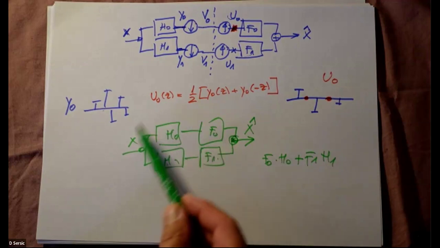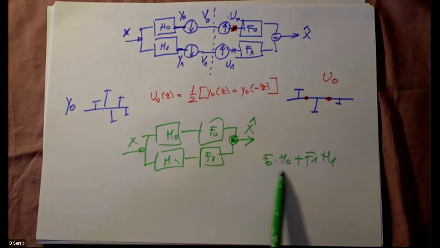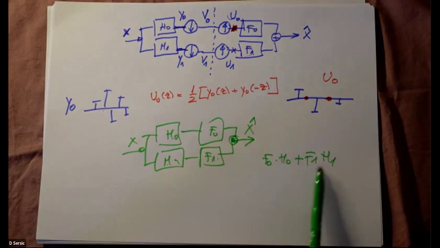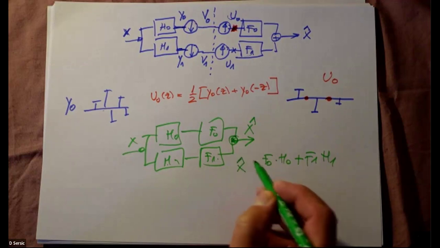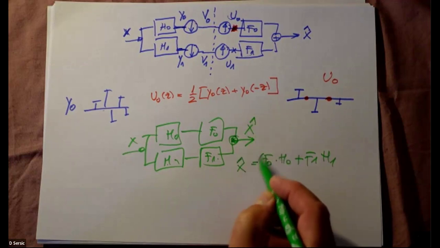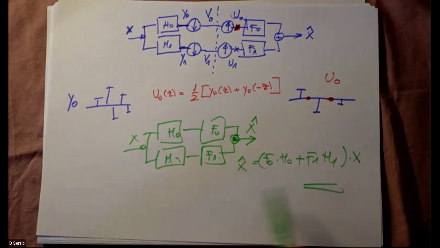The cascade corresponds to the product, and we have a summation of the two terms. So X hat was this times X. This is the complete equation in this case.